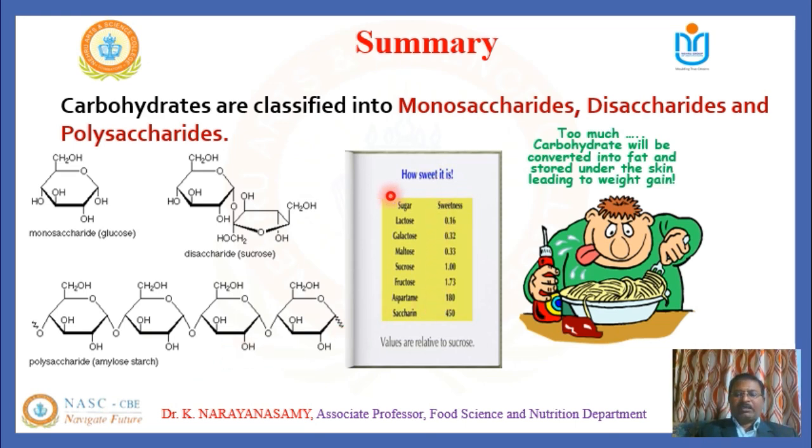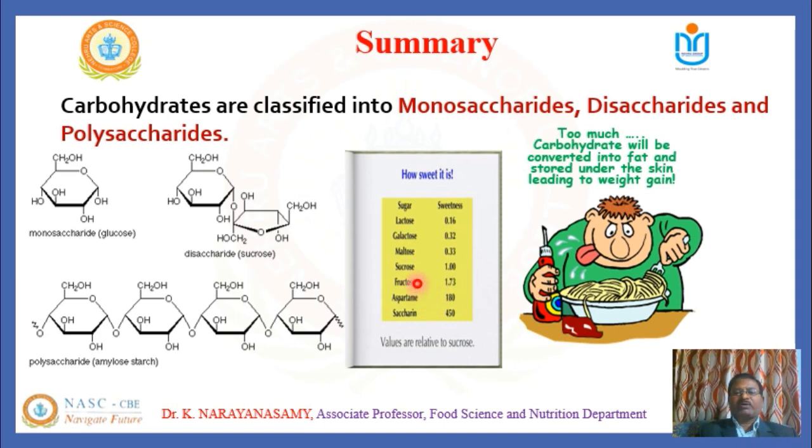Based on the property of sweetness, you can classify the sweetness of the natural sugars. For example, lactose sweetness is 0.16, galactose 0.32, maltose 0.33, sucrose 1.00, and fructose 1.73.